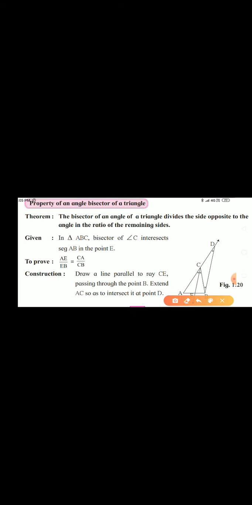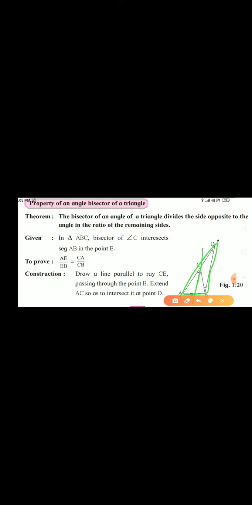So here is triangle ABD, and CE is parallel to BD.